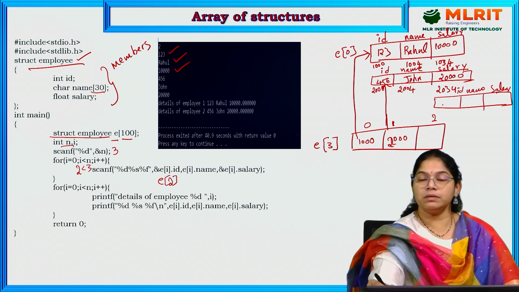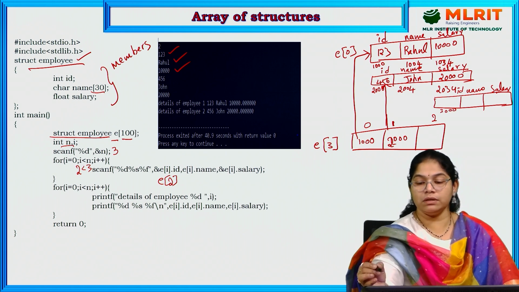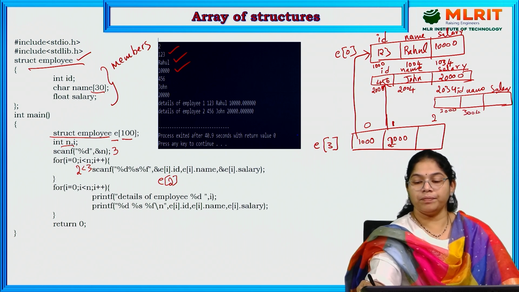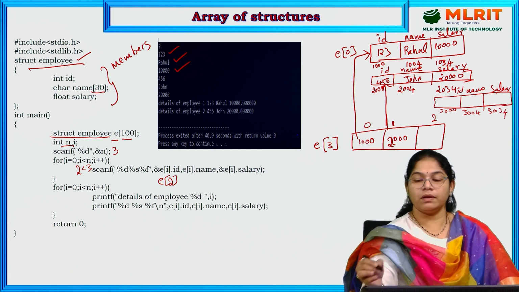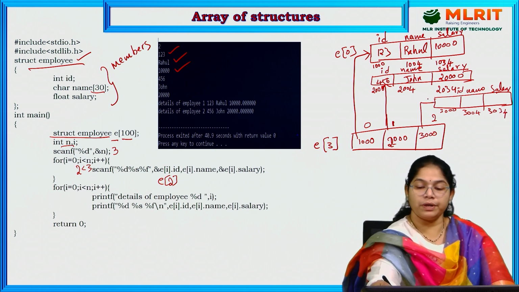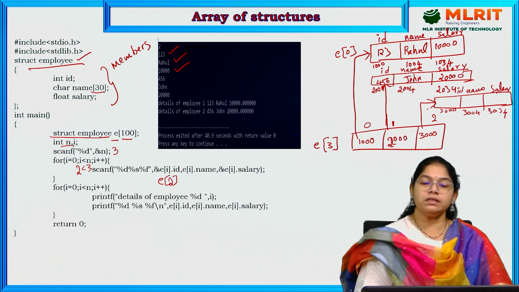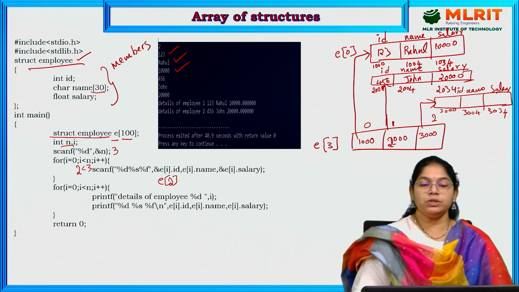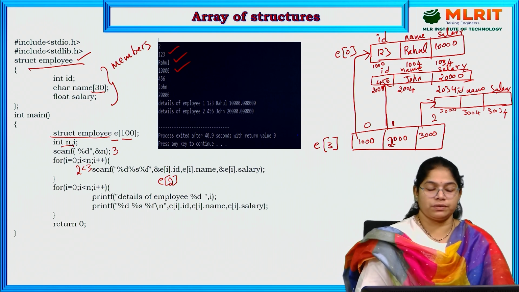Let us suppose the base address of this is 3000. The next would be 3004. So here we are storing the base address, that means it is pointing to here. If we visualize it in this way, the values are stored in an array of structures.